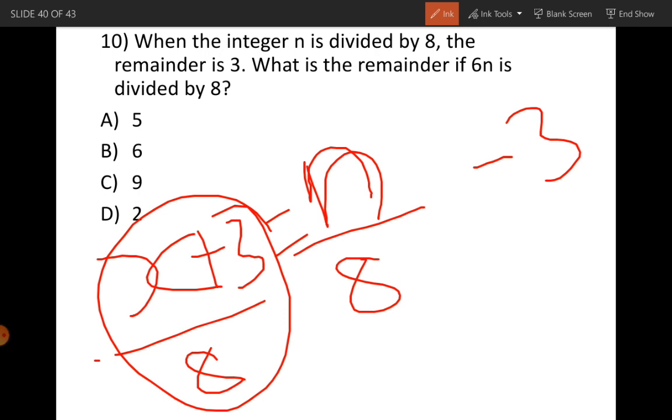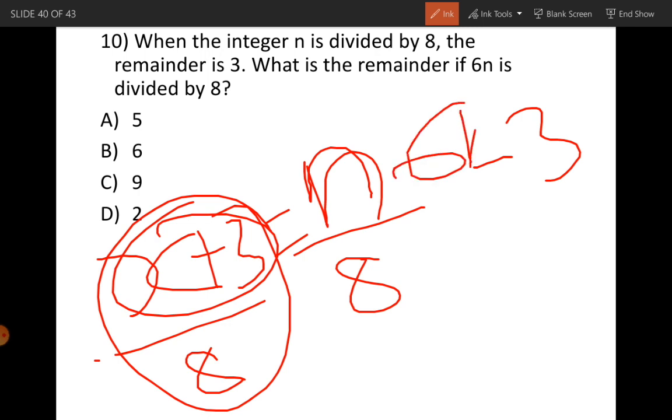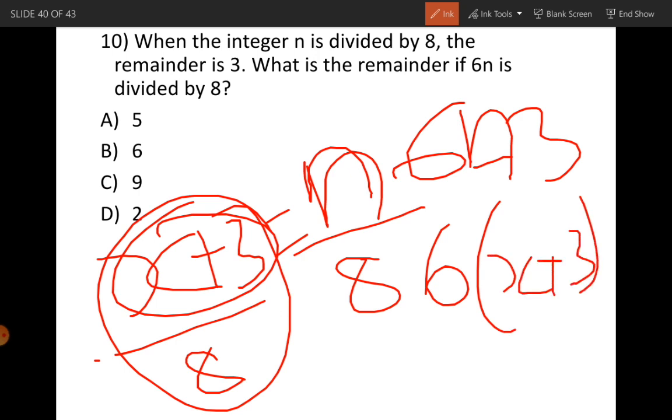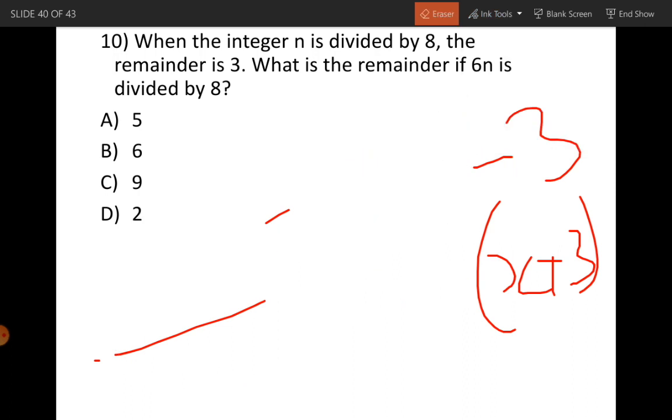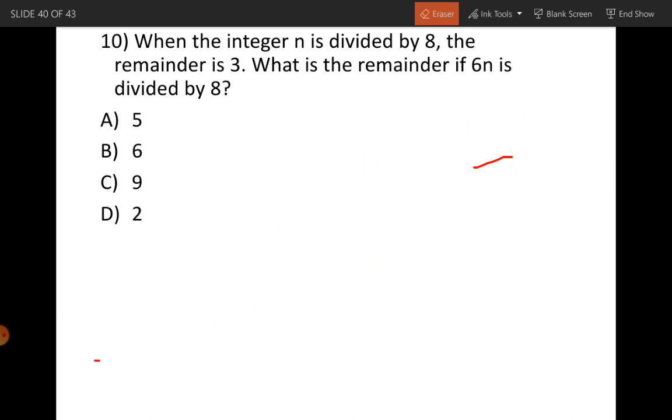This is n, and the next question they ask is 6n. Let that number be x plus 3, where x is divisible by 8.